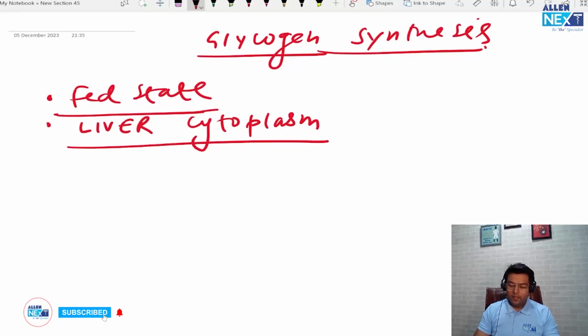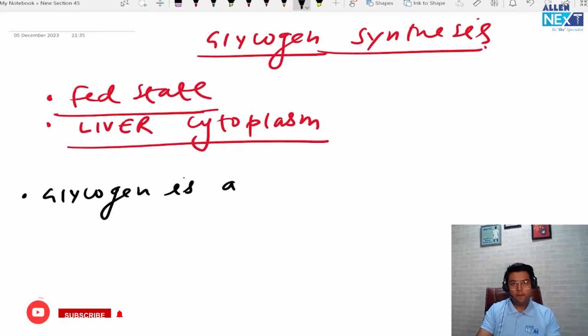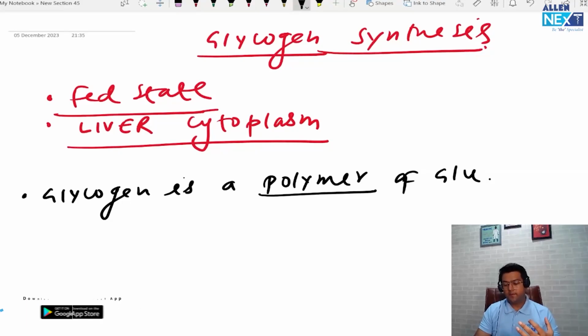Okay. Now, guys, to synthesize the glycogen, first of all, we should know about the glycogen. Glycogen is a polymer or the polysaccharide, you can say. So polymer of the glucose, right? The definition of polysaccharide is anything in which 10 or more than 10 sugar residues are utilized.